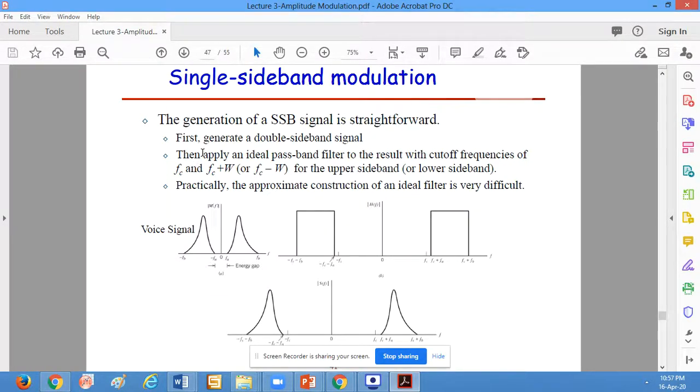We first generate the double sideband, then apply an ideal passband filter to the result with the cutoff frequency FC plus W or FC minus W. Means either we will pass the upper sideband or the lower sideband. But the problem here is that construction of such an ideal filter is very difficult, since the upper sideband and lower sideband are very close to each other. So removing one of the sidebands becomes a tedious task.